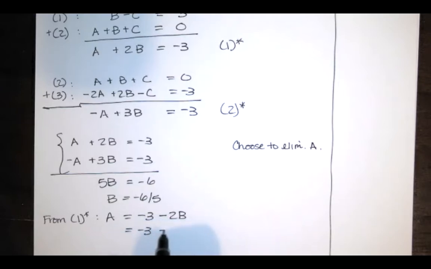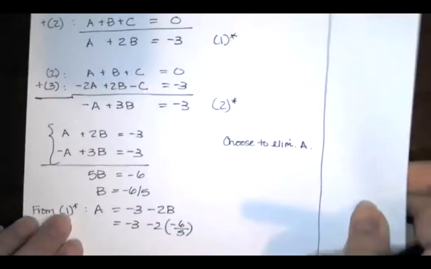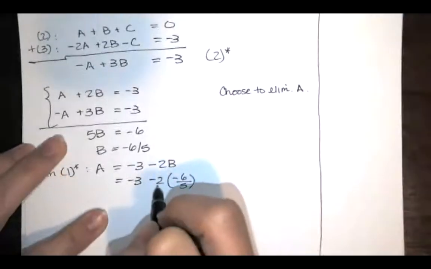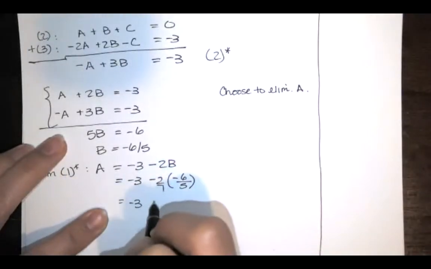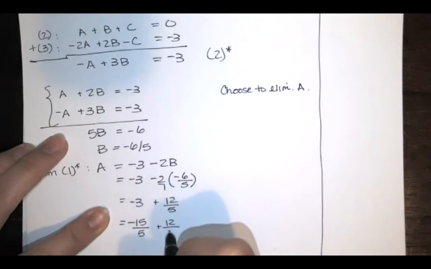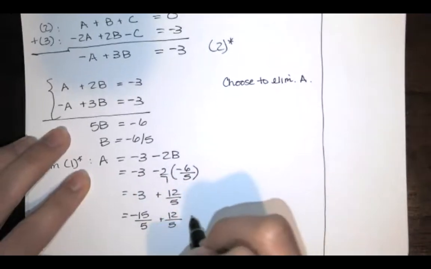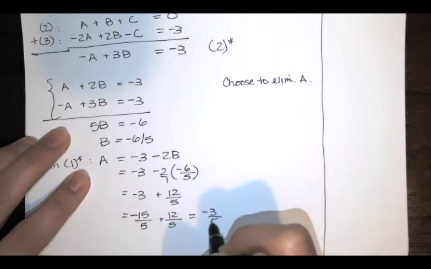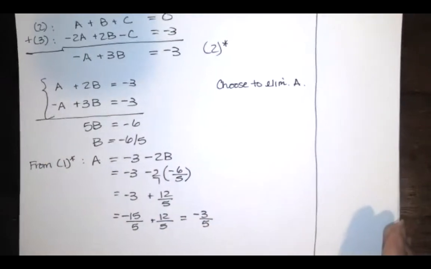So that's negative 3 minus 2 times negative 6 over 5. So we have negative 3 plus 12 over 5. And negative 3 is the same as negative 15 divided by 5. So add the numerators, keep the common denominator, and you have a equals negative 3 over 5.